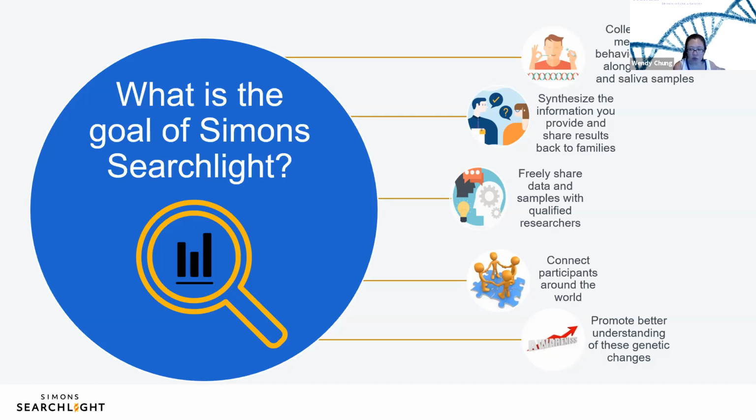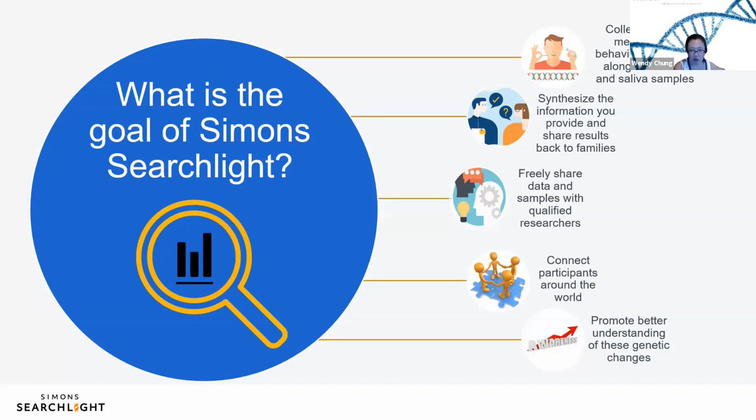In Simons Searchlight, we study many different neurogenetic conditions, by which I mean genetic conditions that affect the brain. We are a nonprofit foundation, part of the Simons Foundation, so this is not associated with any company.